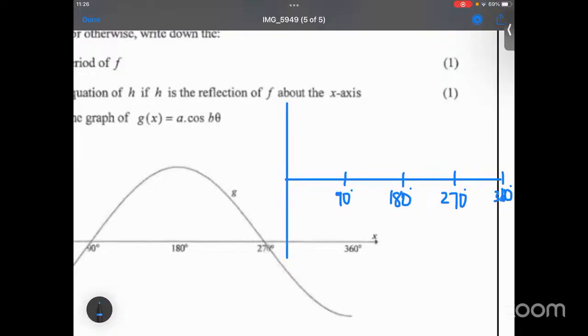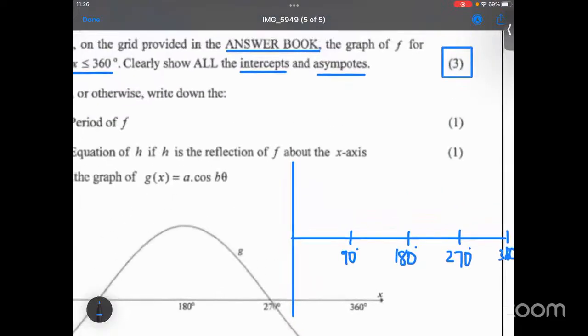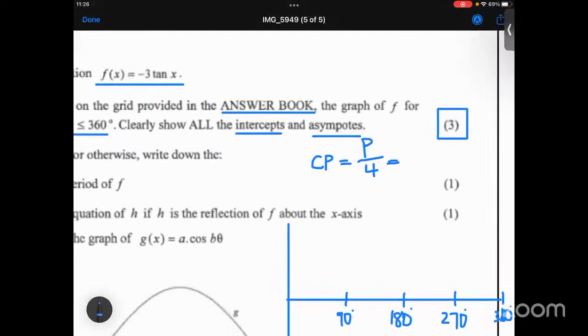Nope, because the critical points, we said how we calculate them: you take the period and just divide it by 4. So the period for that function should be 180 degrees, and then you divide it by 1, which equals 180 degrees.